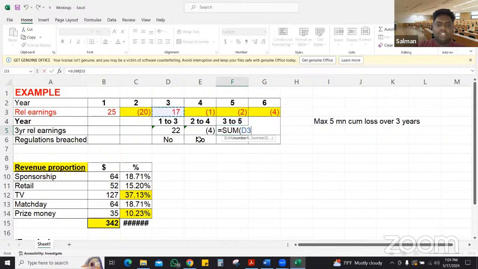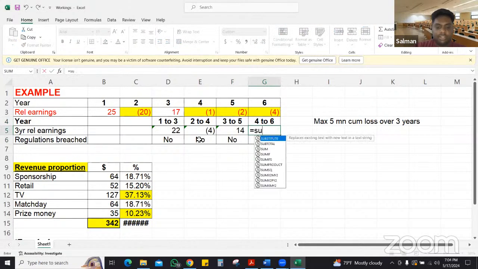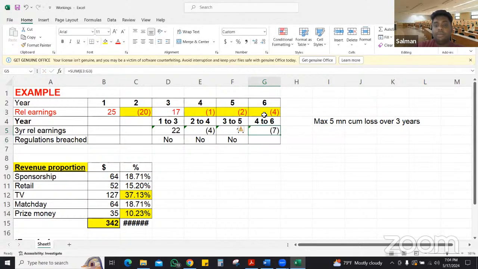Cumulative is 17 minus 1 minus 2, a profit of 14, not breached. Finally, year 4 to year 6. The total cumulative loss is minus 1, minus 2, minus 4. Minus 7. So this has exceeded a loss of 5 million.